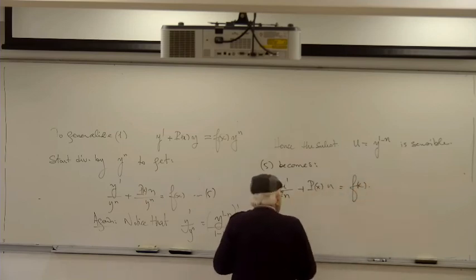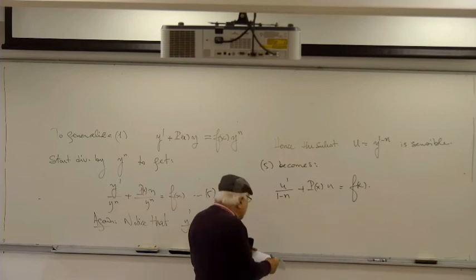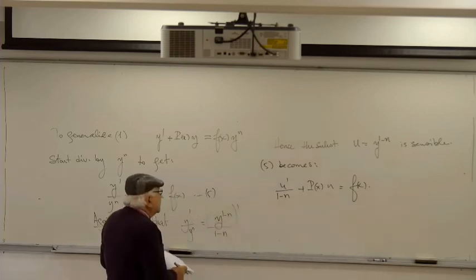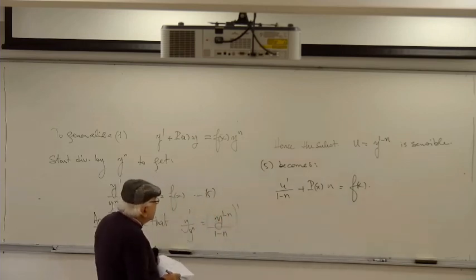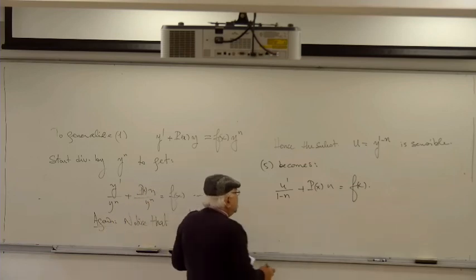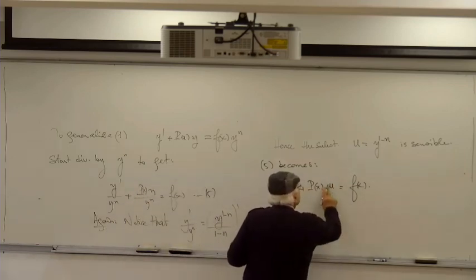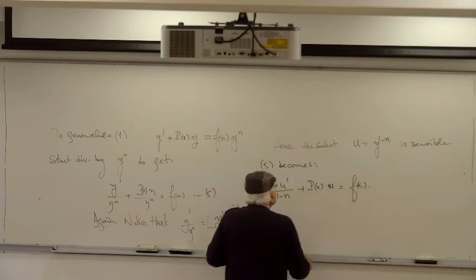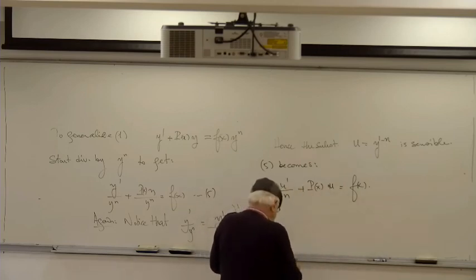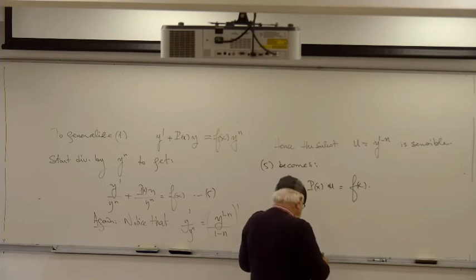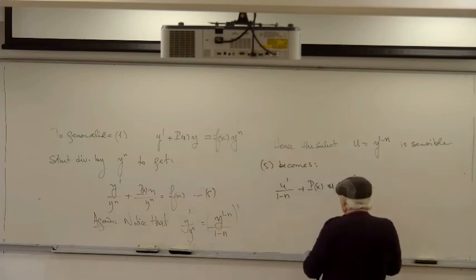Okay? Which, as you can see, is a differential equation of the linear type, first order, with u as a function of x. This is u, of course. U being the function that we should work upon.